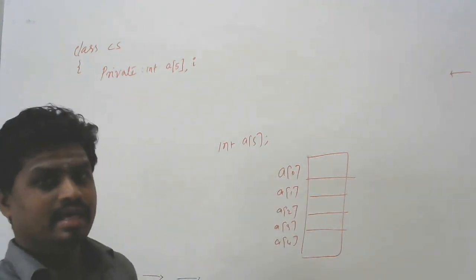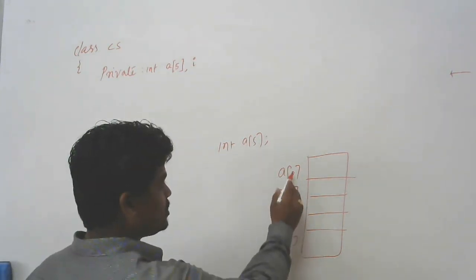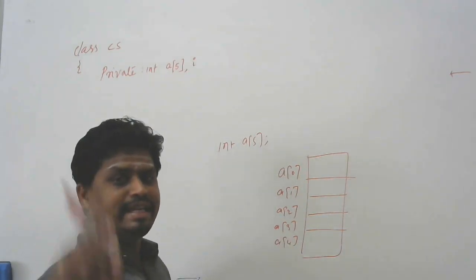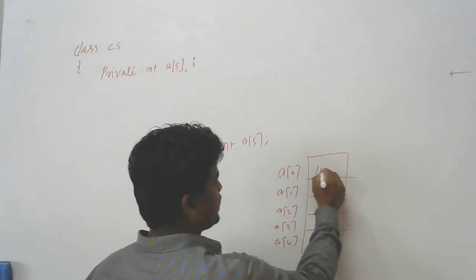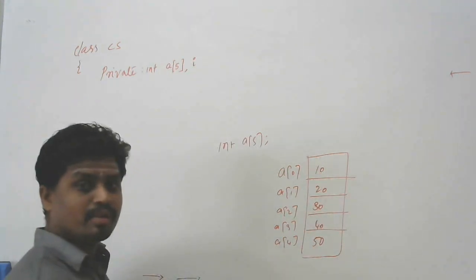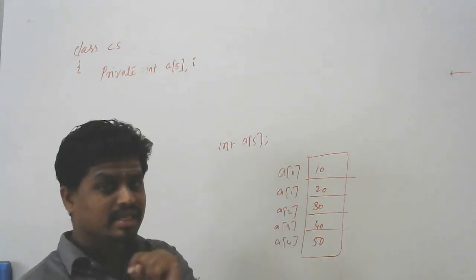This is the first point. Second point, array indexing always starts from 0. When you insert values into this, like 10, 20, 30, 40, 50, you are supposed to print all the block values, not only a single value.